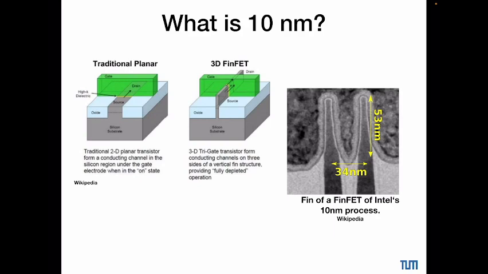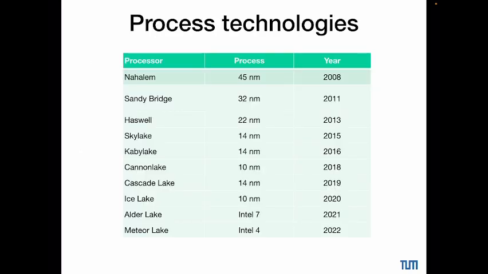Yeah? So if we look a little bit at the history, we can see that this goes back in the table about the Intel processors till 2008, and it starts here with a 45 nanometer process, and then goes down every 2 years.